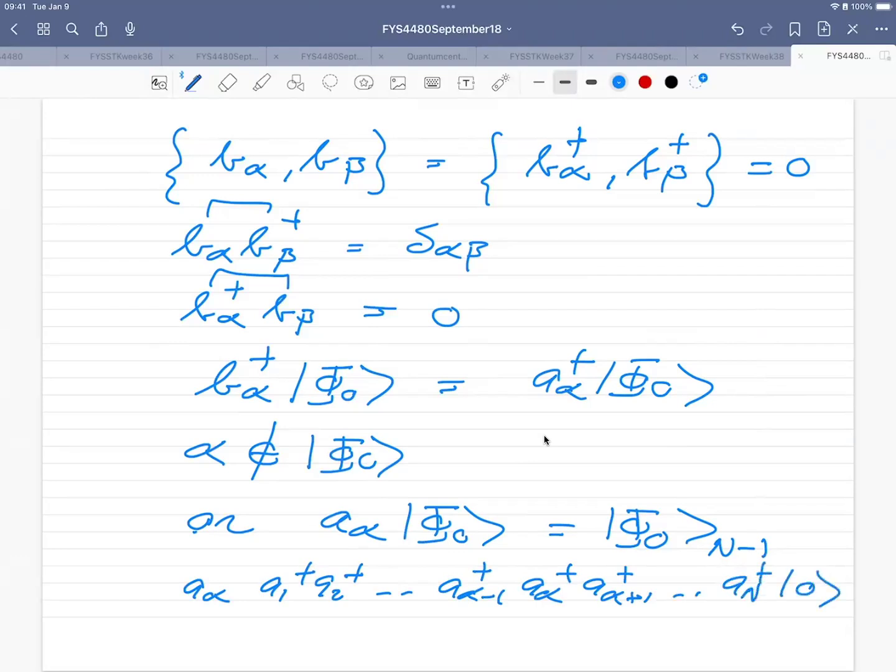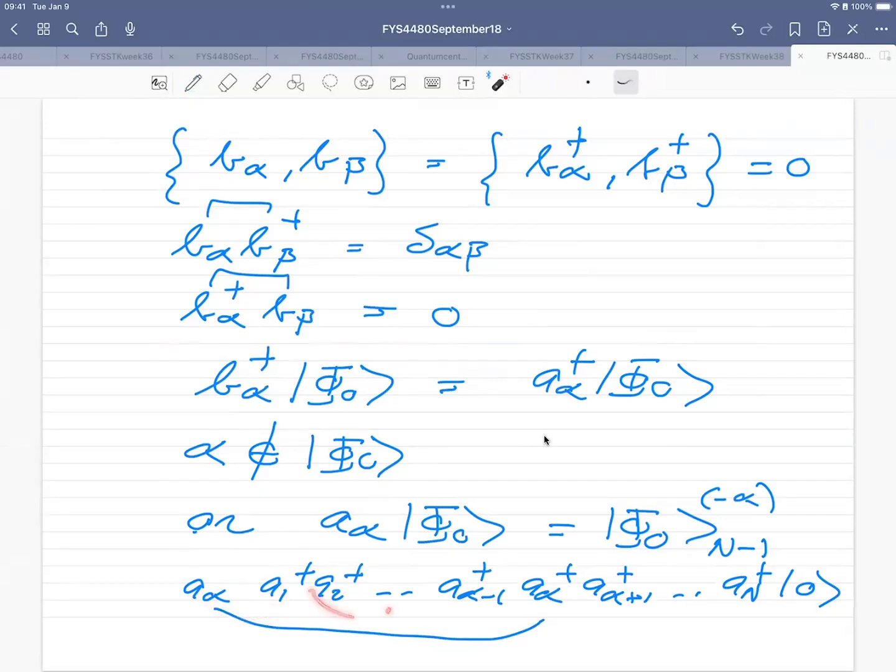acting on the true vacuum. And then you see that we have to reshuffle these operators. So if alpha is included here, then this is non-zero. So this becomes a state where we have taken away the state alpha. Okay? So it's an n minus 1 state, because when we then use the anti-commutation rules, we can interchange this one with that one because they are different.